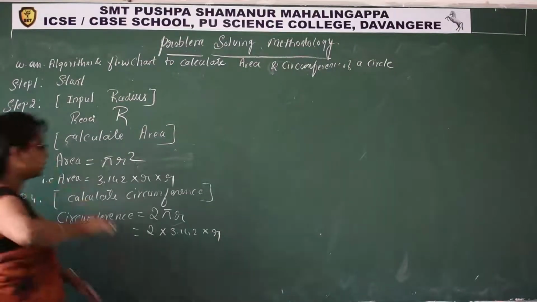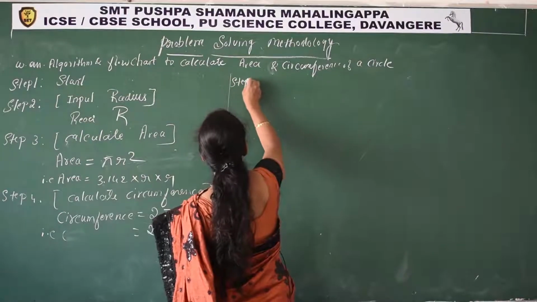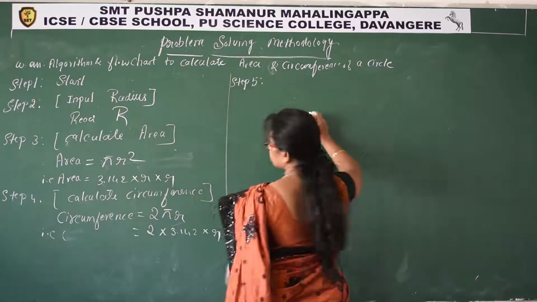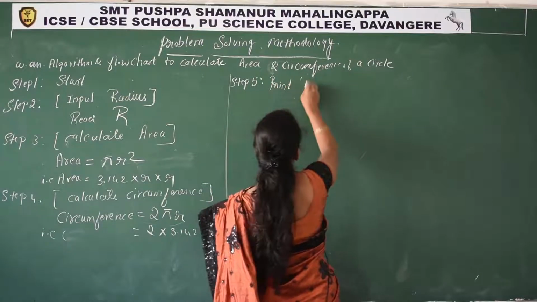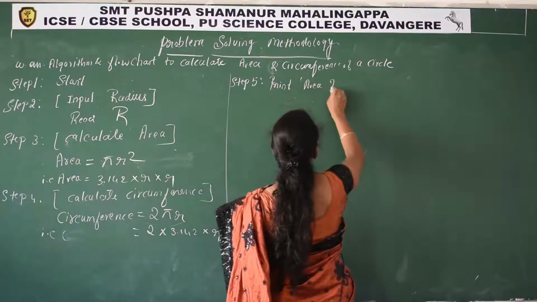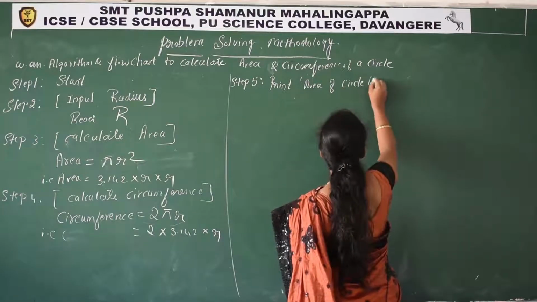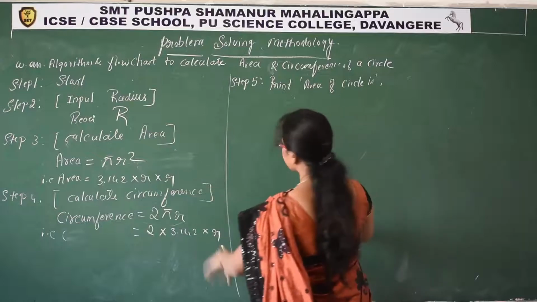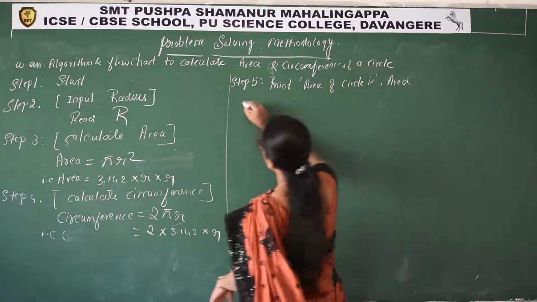Next you have to display. Step 5. Print area of circle is, and the area is stored in area. The value will be displayed here.